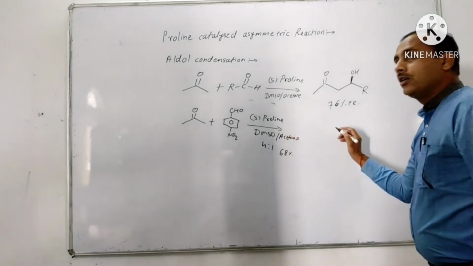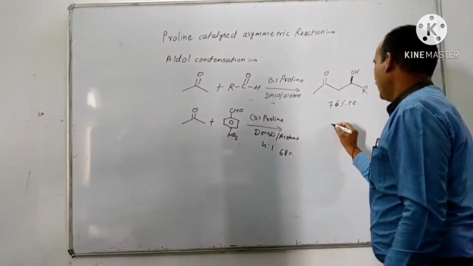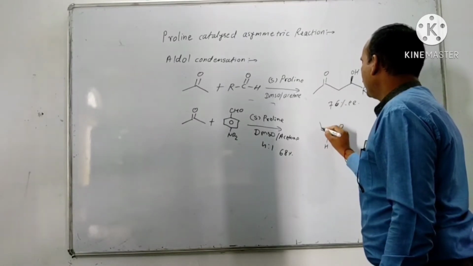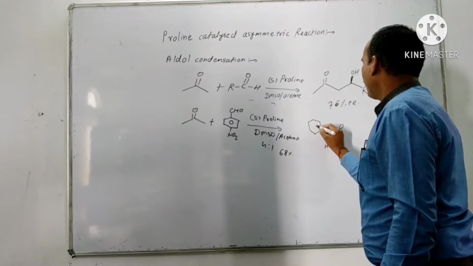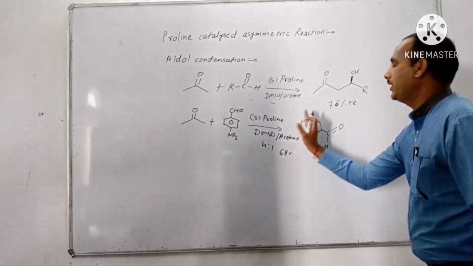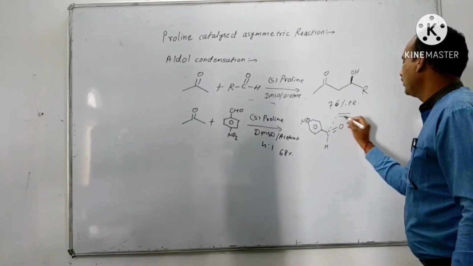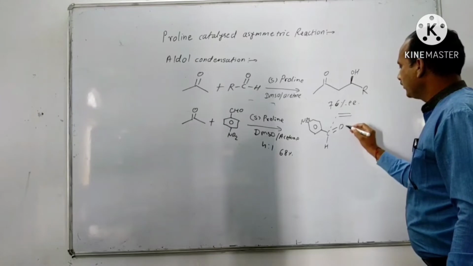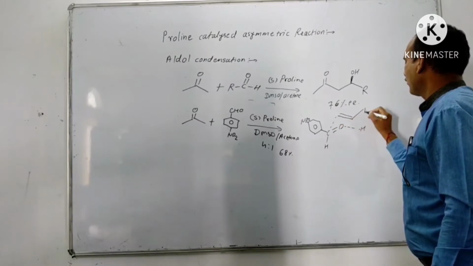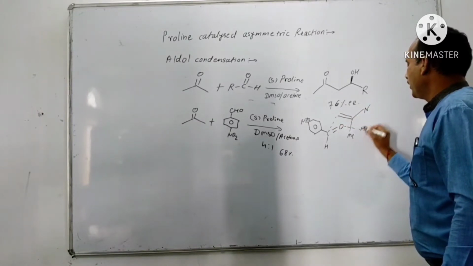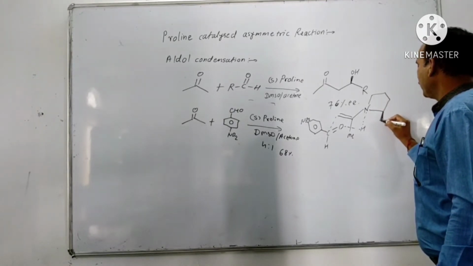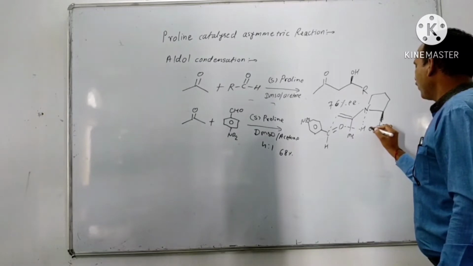So let's see the transition state. Here again there is C double bond O, OH, and the para-nitrobenzene ring of the para-nitrobenzaldehyde is present at the pseudo-equatorial position. And there is a methyl group. This is the S-proline, C double bond O, OH.